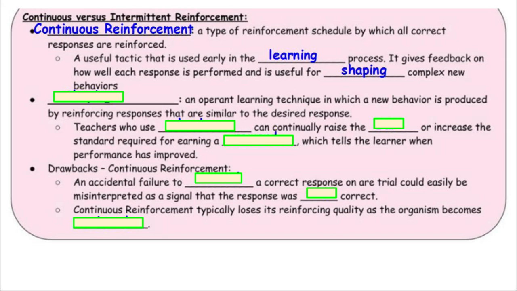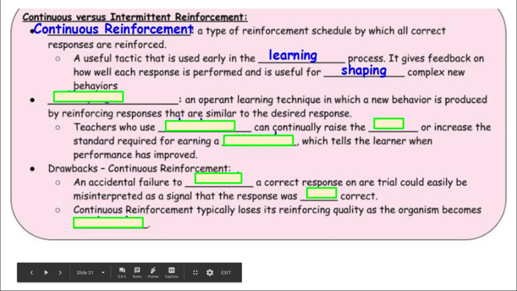If you're trying to get a young child to use a potty chair, you might reward them with maybe a sticker or a piece of candy each time that they go to that potty chair and perform the task, as a way to get them to shape that new behavior.